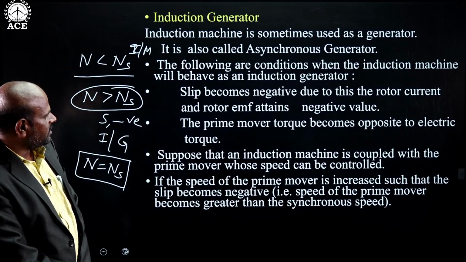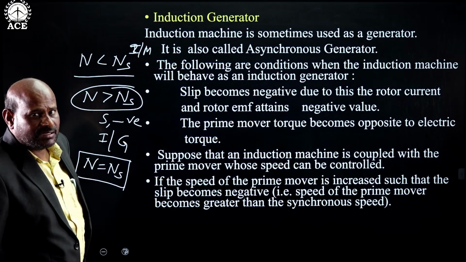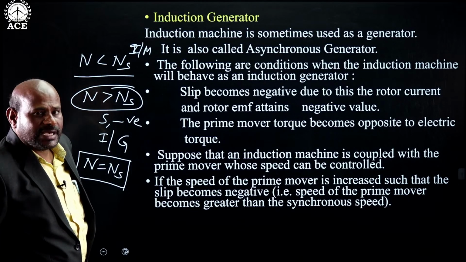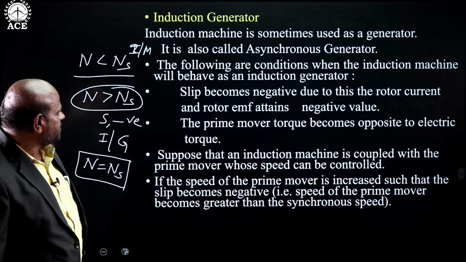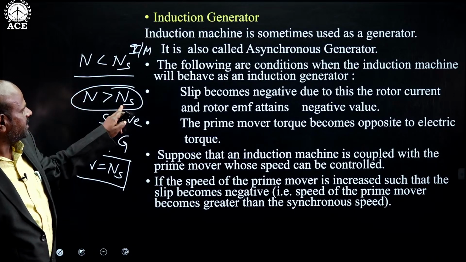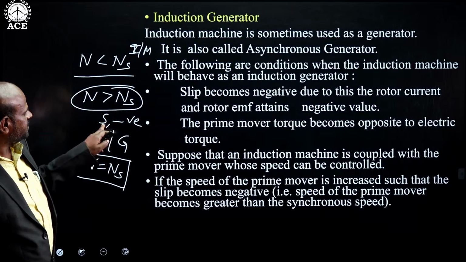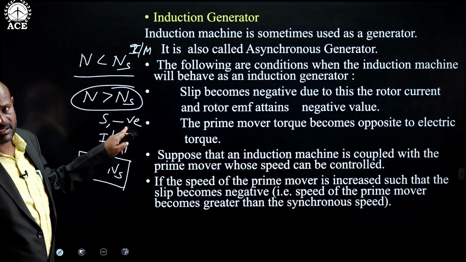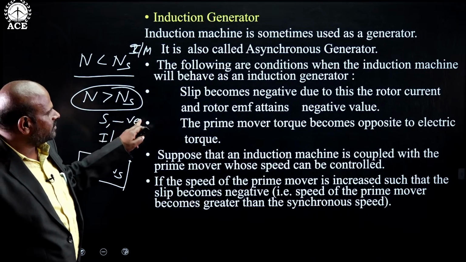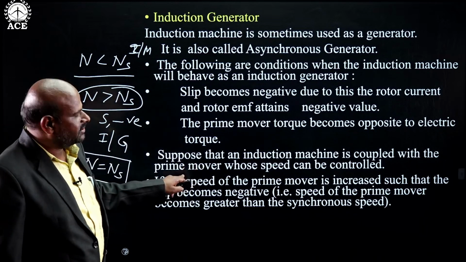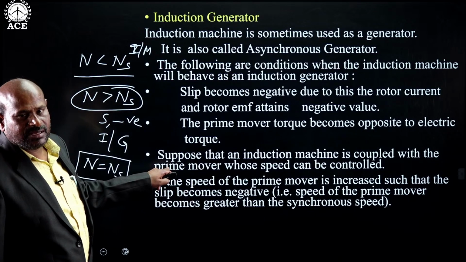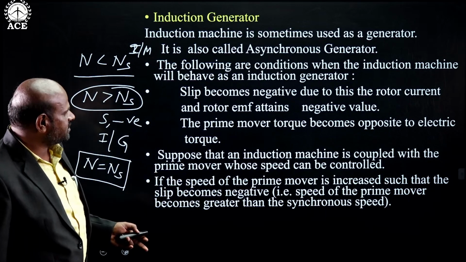Means the rotor of the machine has to be rotated by some external prime mover such that the speed should be greater than the synchronous speed. Whenever speed is greater than synchronous speed, slip will be negative. Negative slip indicates slowly the rotor speed decreases, finally becomes zero and starts rotating in the reverse direction.